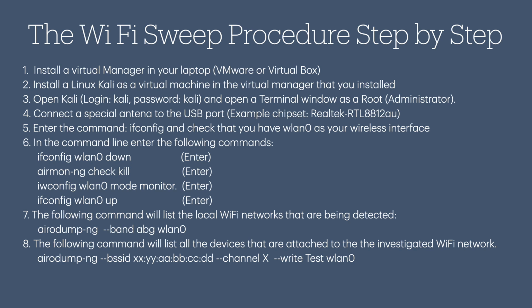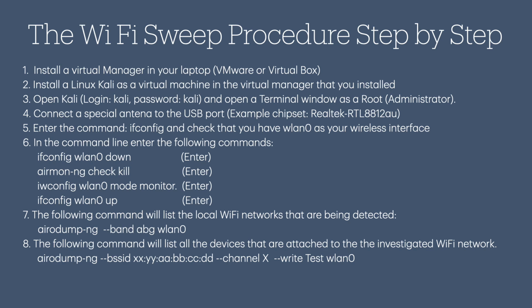Especially we will need the MAC address of the network router or access point, which will appear on the screen, and the channel number that the network is using for the Wi-Fi communication, so we can compose the next command that will list all the devices that are part of the network which we want to investigate, the network of interest.